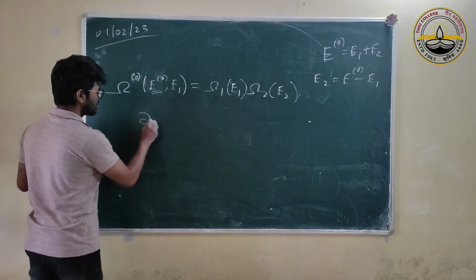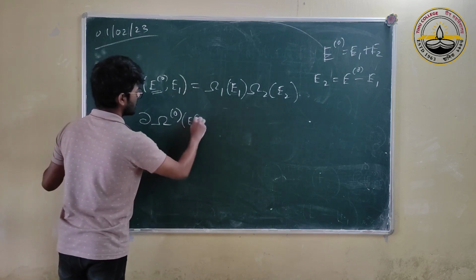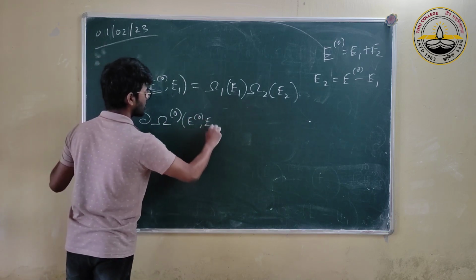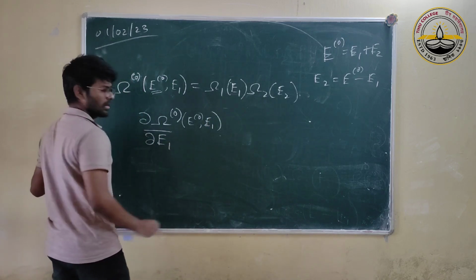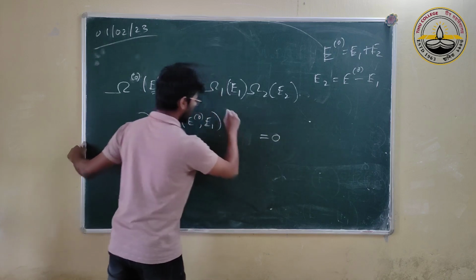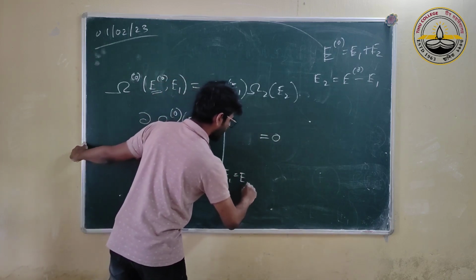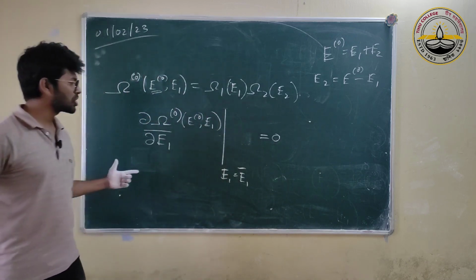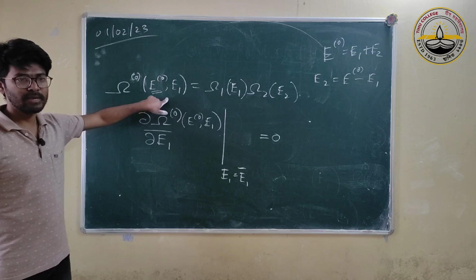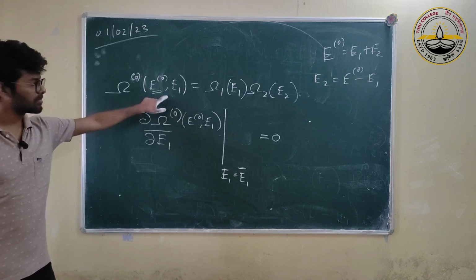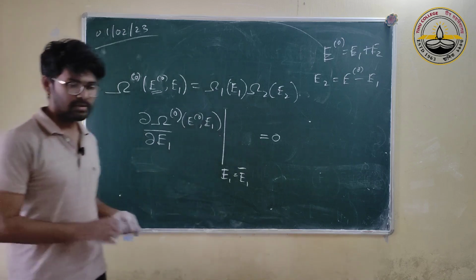We can say del omega 0 E0 E1 del E1 equal to 0 at a certain value of E1. This is the condition of maximizing this number of microstate function. This will give us the condition for equilibrium.